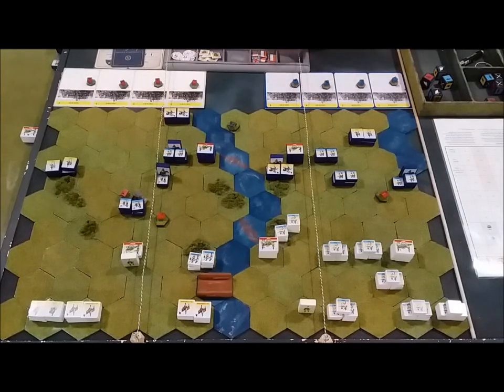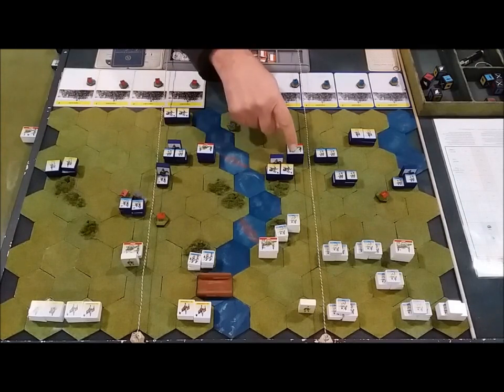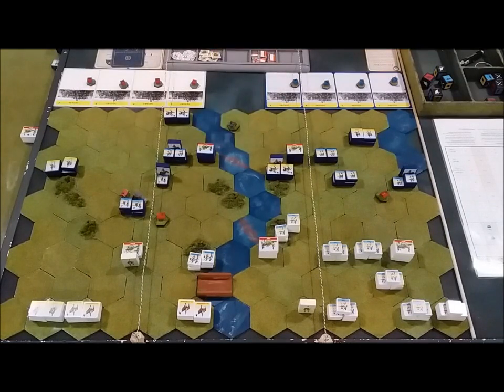Righto, back to the French with their fire and hold, which is not going to do jack, because the only one that can really do anything is this guy. He could, but he's not going to really achieve much, and he can't really shoot at anybody. So we have probe center, probe right, attack right, and another probe right. So we've got nothing on the left flank.